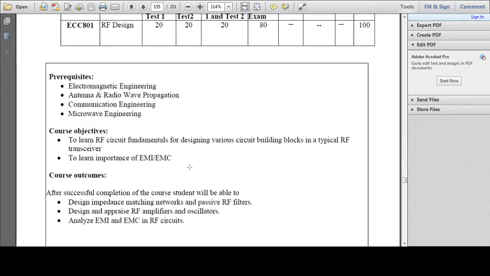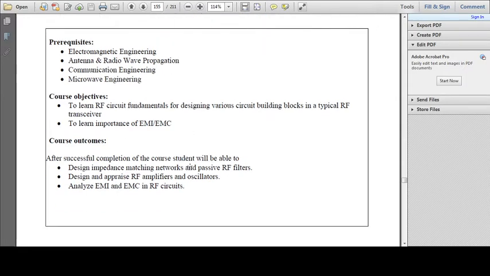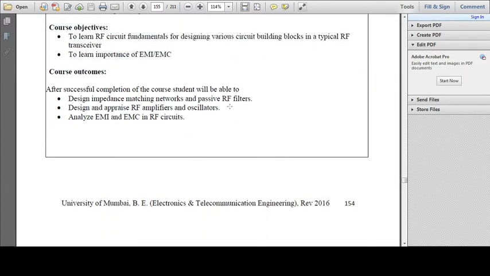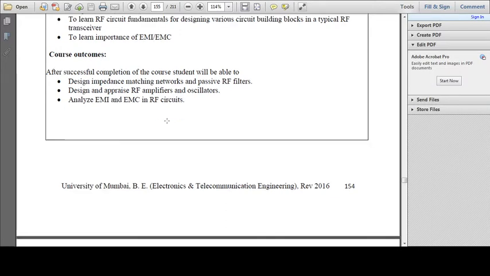After successful completion, the student will be able to design impedance matching networks and passive RF filters, design and appraise RF amplifiers and oscillators, and analyze electromagnetic interference and electromagnetic components in RF circuits.